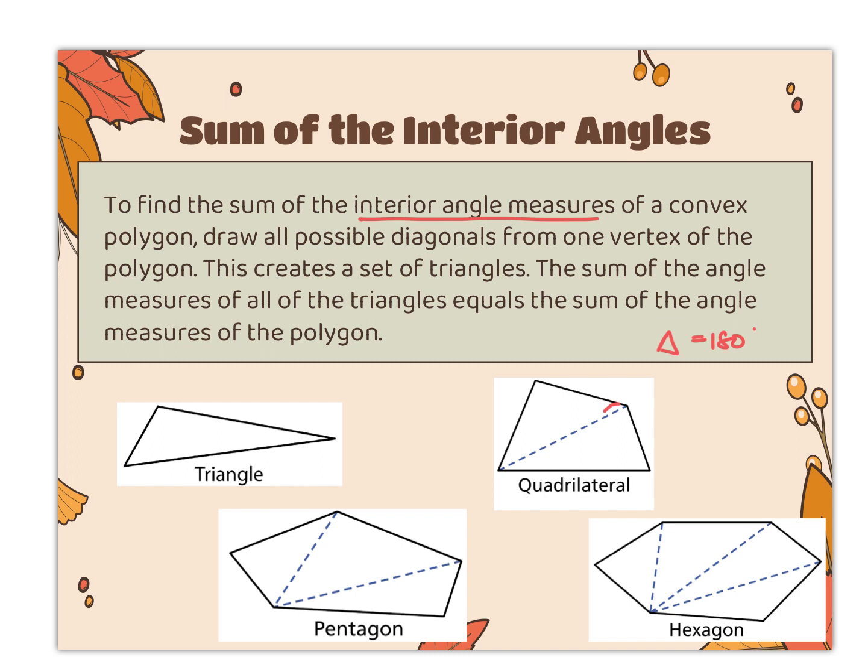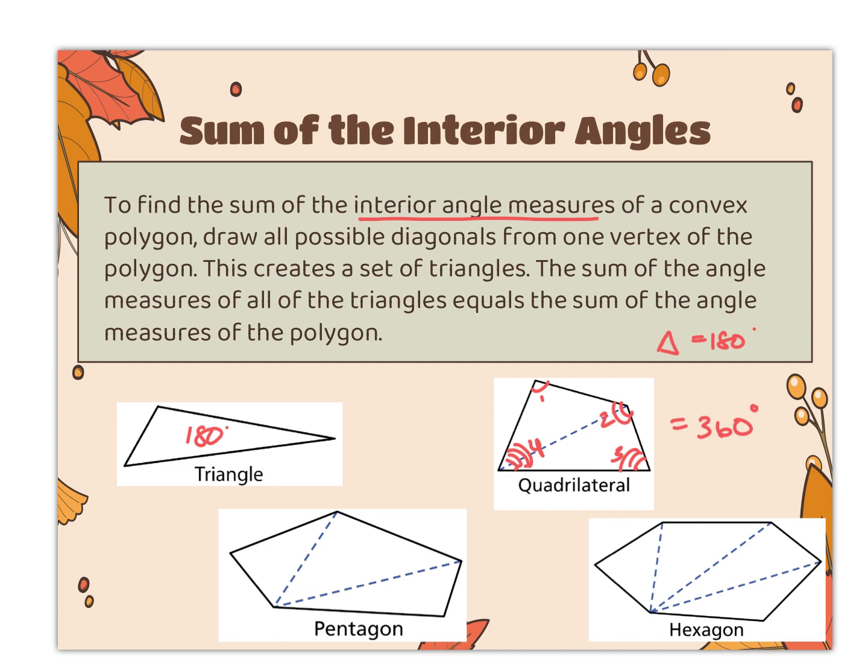For example, here you have one triangle, so the sum of the interior angles is 180 degrees. In a quadrilateral, if I pick this vertex, notice that I have 2 180-degree triangles, which means 360 degrees total. That's the sum of angle 1, angle 2, angle 3, and angle 4.